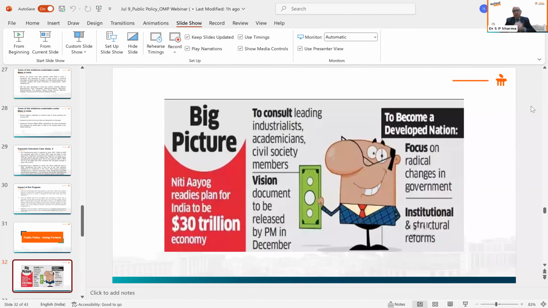Then how to achieve this goal? That depends on the effectiveness of the public policy environment in the coming times. We have to focus on radical changes from the government and structural changes at the institutional level, because the world economy is not an easy task.